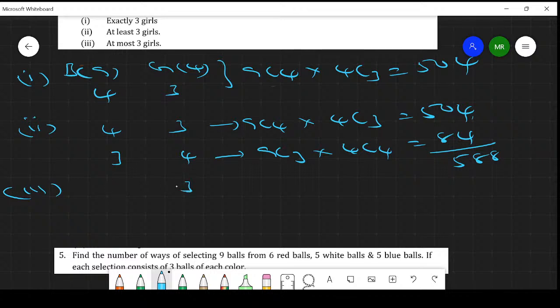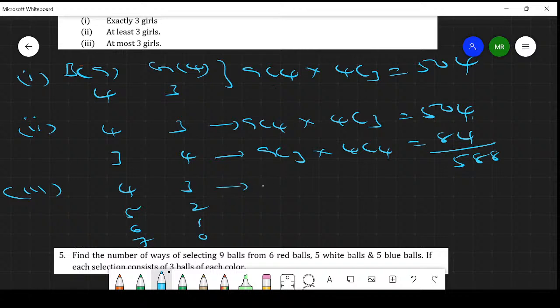Maximum 3 girls means 4 boys and 3 girls, then 5 boys and 2 girls, 6 boys and 1 girl, and 7 boys and no girl. Because at most means maximum 3 only.